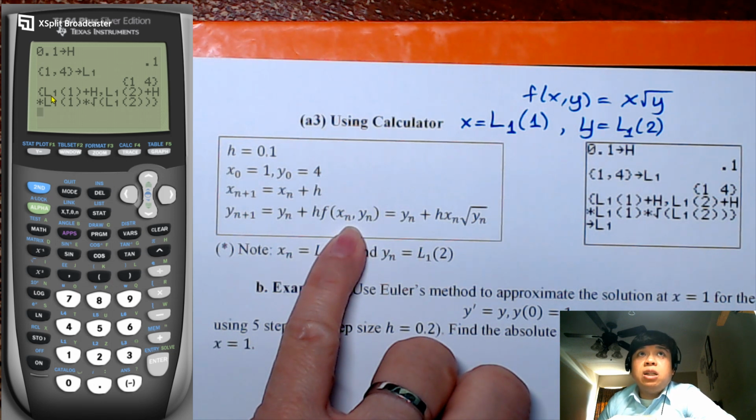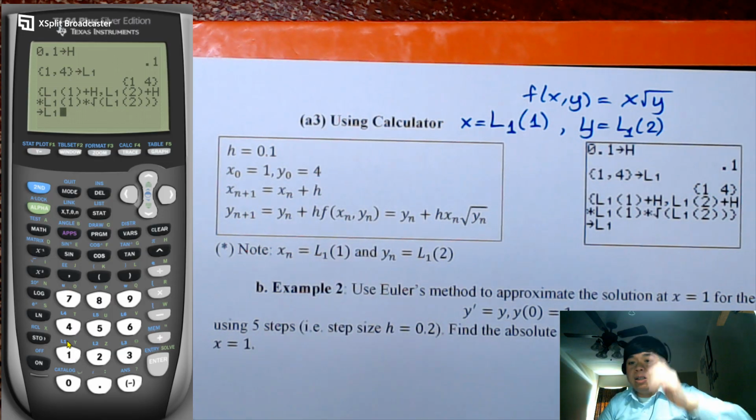With that, before the comma, you update the x, x plus h, and y plus h times x times square root of y, and we store that into this list. So that's pretty much it.